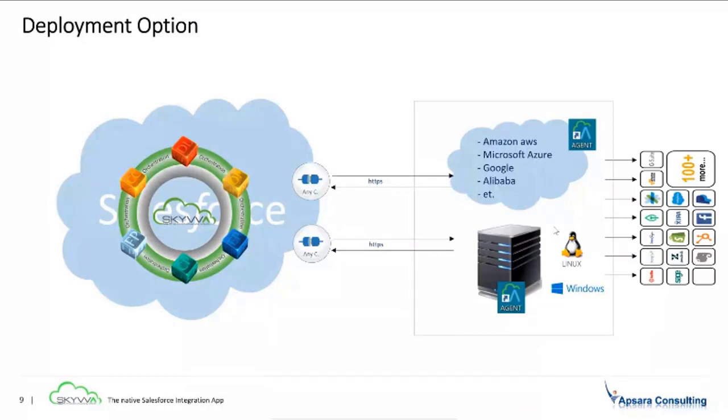Then it will serve you and connect to the business application that is running on the cloud. So you are not bound to run on-premise only. You can run on-premise, you can run on cloud. It doesn't matter, it will give you all the options that you need to integrate your application landscape.